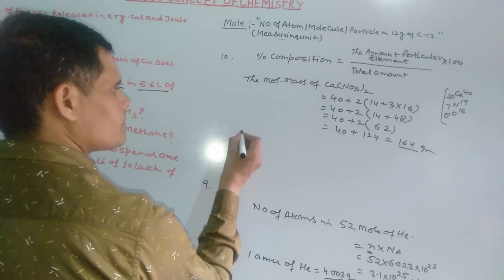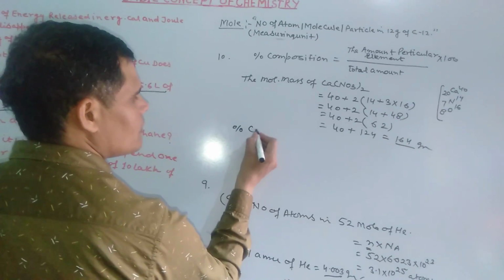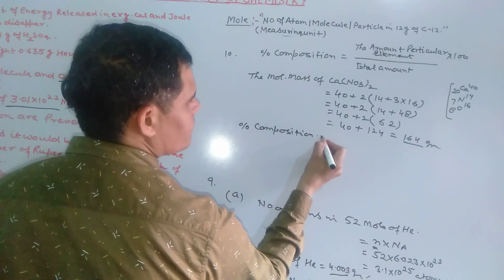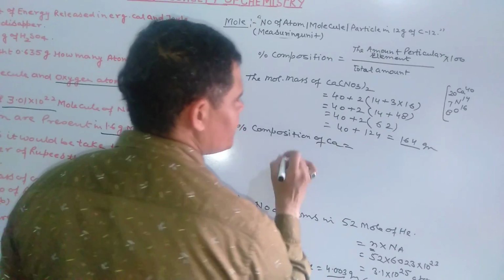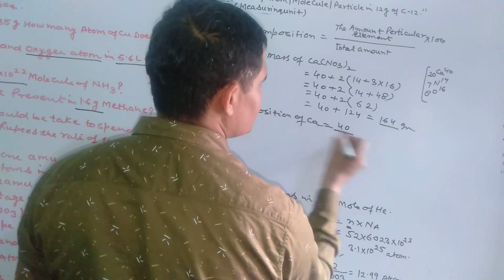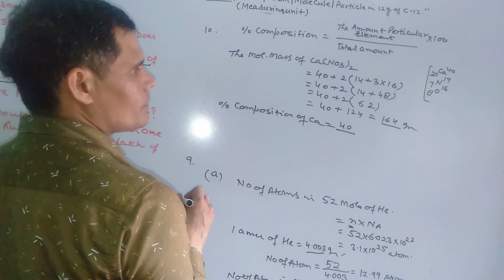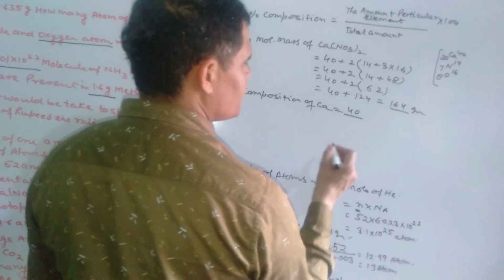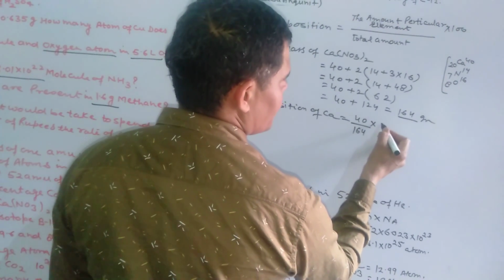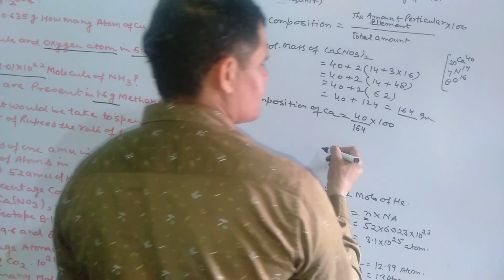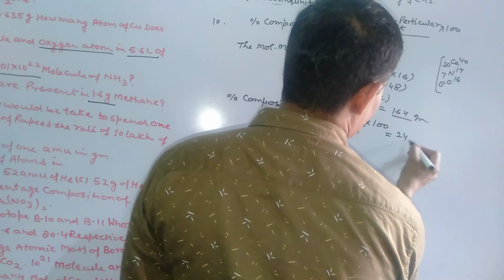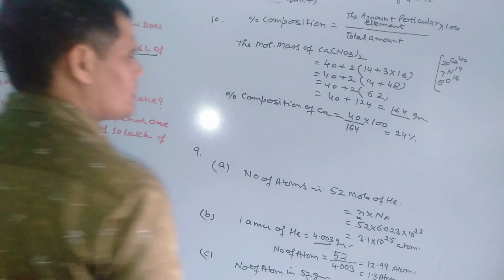Hence the formula of percentage composition of calcium will be atomic mass of calcium, or the amount of particular calcium in calcium nitrate, upon total mass, which is 164, into 100, and the percentage will be 24% of calcium.